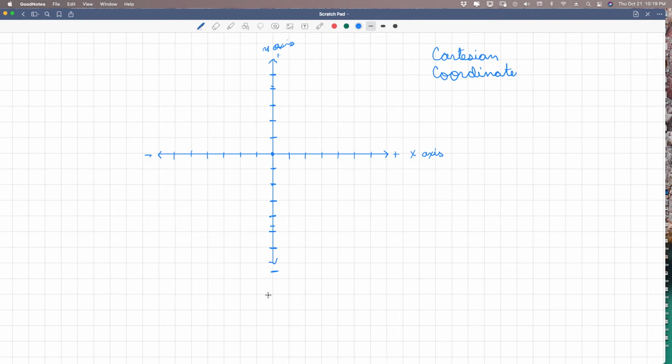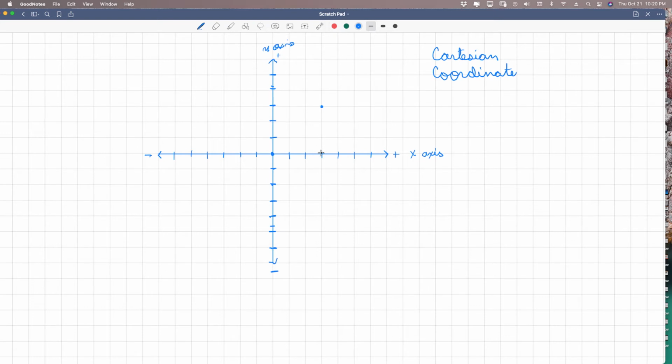Now, whenever we look at this axis and this axis, we can actually find points in relationship to each one of them. Let's say I want to use this on a map and I want to denote a certain place on the map.